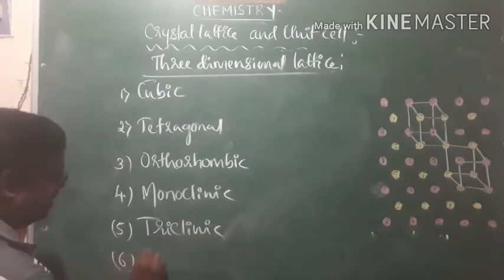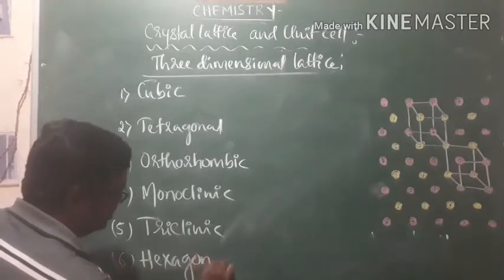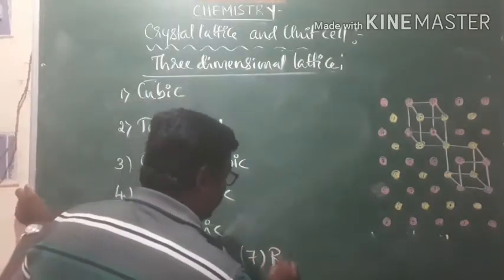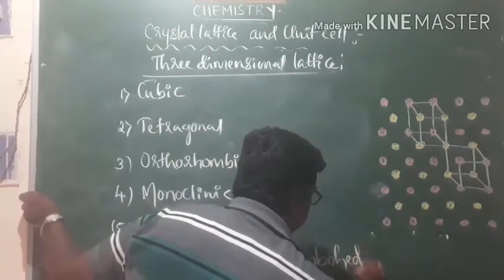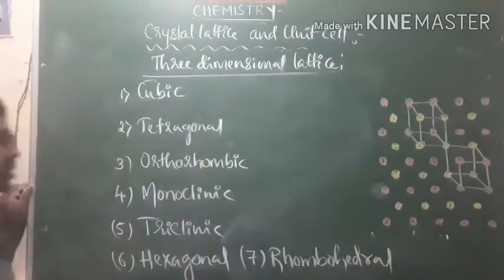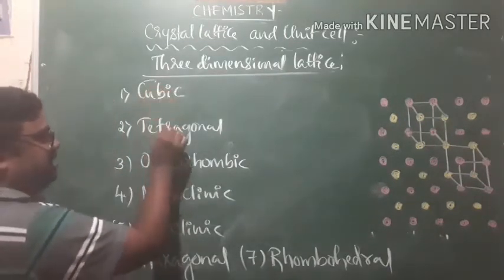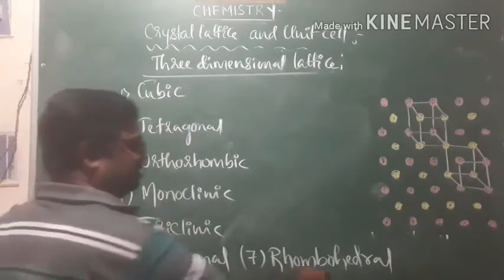The sixth one is hexagonal. And the seventh one is rhombohedral. These are the 7 possible shapes given to the unit cells as far as crystal structures are concerned: cubic, tetragonal, orthorhombic, monoclinic, triclinic, hexagonal and rhombohedral.